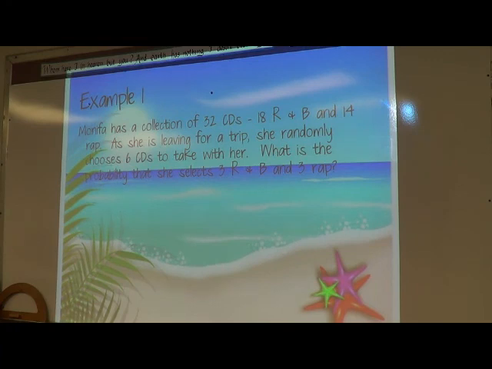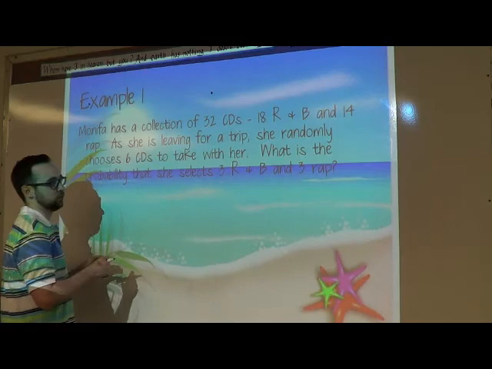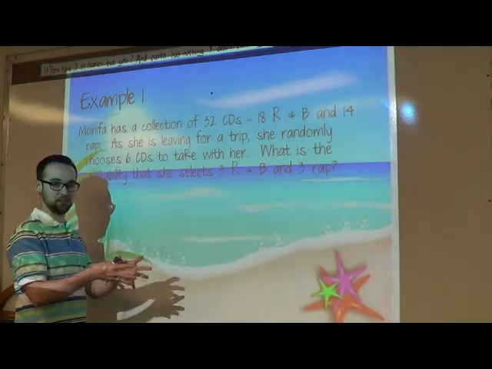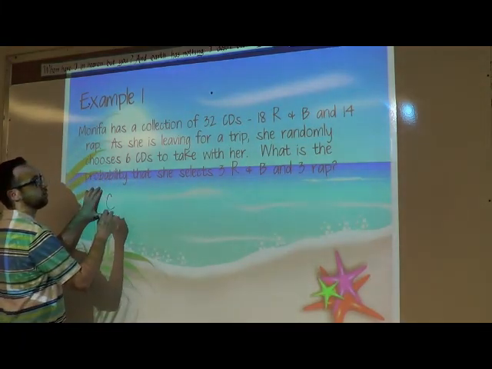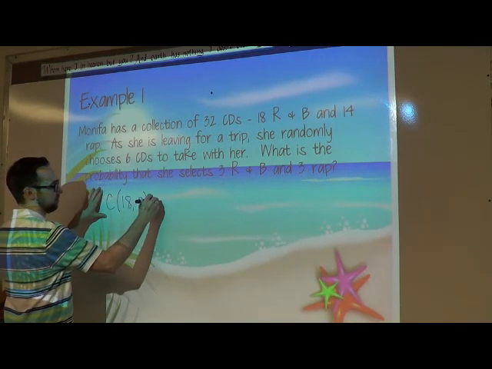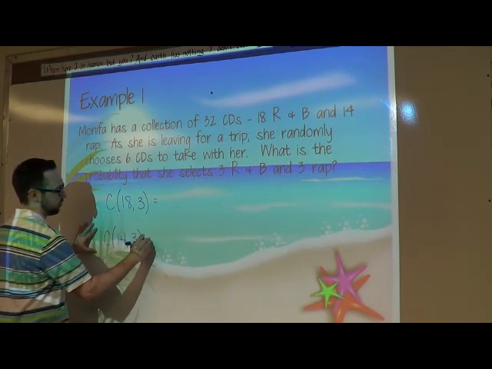We can use the fundamental counting principle, but in order for us to really figure this out, we need to go back to what we did in section 2 and look at combinations. This is kind of like that same hand of cards thing that we did when we had 3 clubs and 2 diamonds. We want to figure out the number of ways that I could have 18 R&B CDs and choose 3 of them, and then of 14 rap, choosing 3 of those.